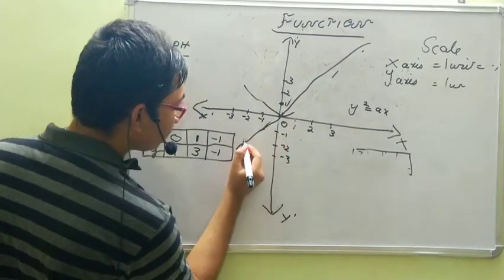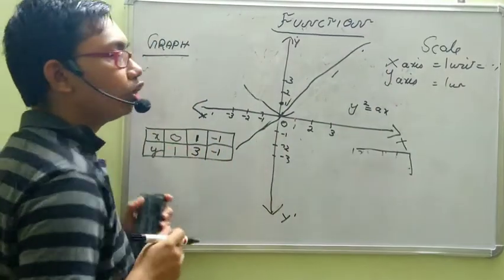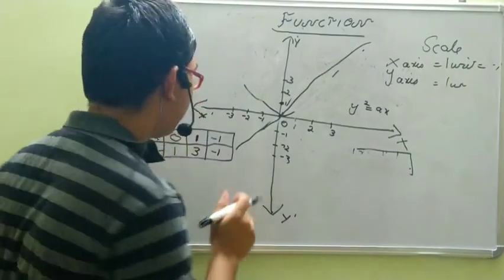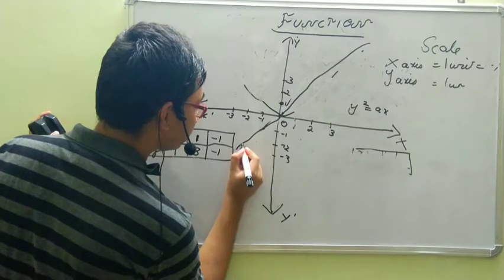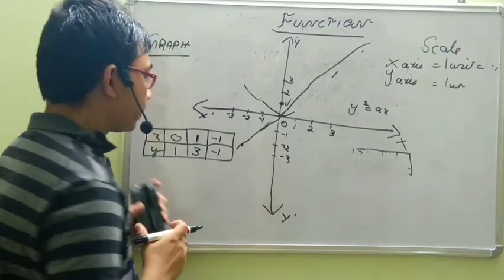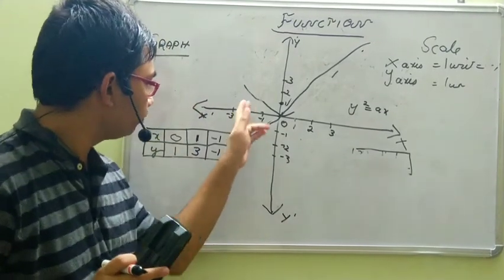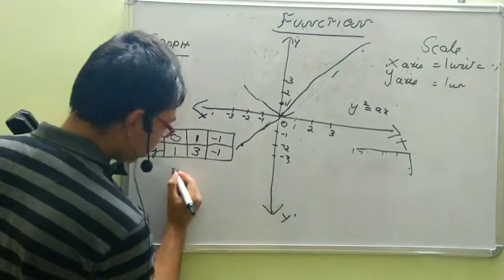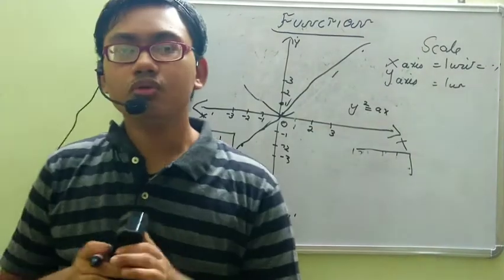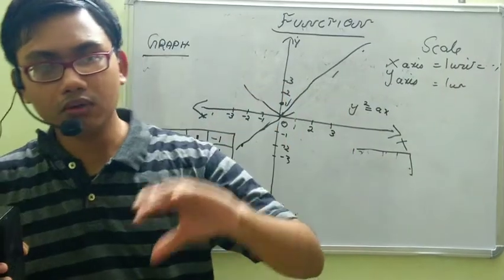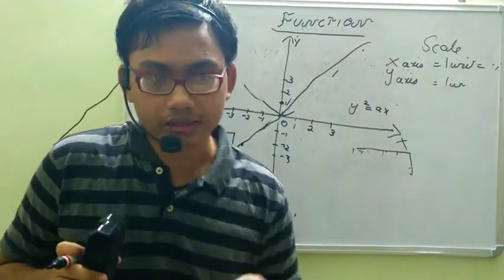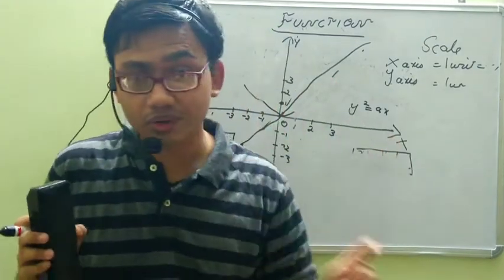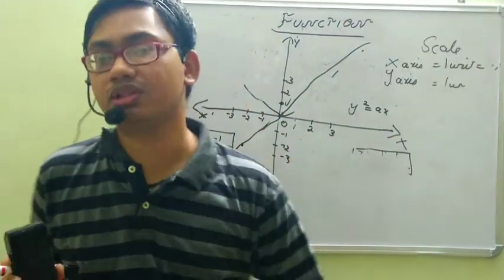So if we take -2, we will get the value of y corresponding to x. 2 into -2 plus 1, it will be -3. So the corresponding value of y for each value of x, and the corresponding value of x for each value of y, you can easily decipher from this graph.